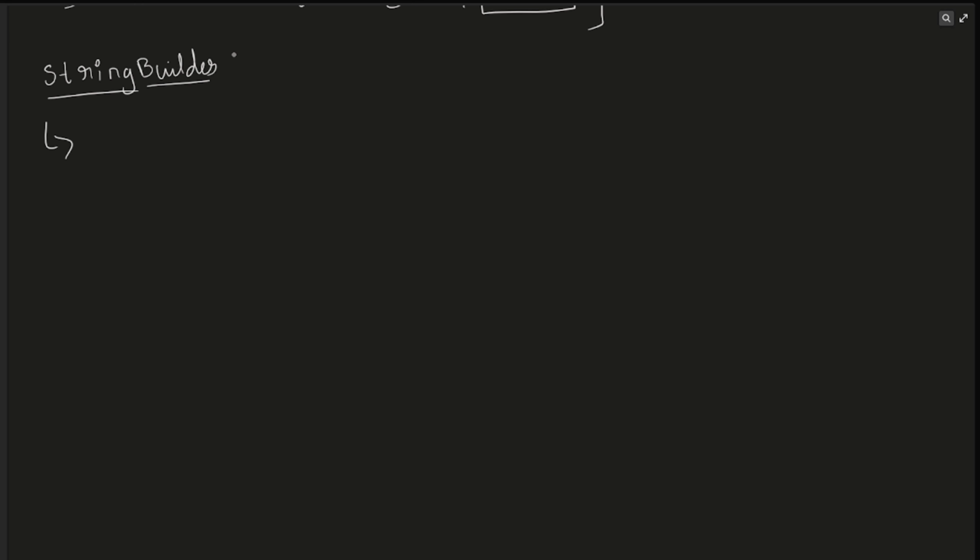Let us write the same code using StringBuilder now. I'll just declare a StringBuilder. Since this is a class, we need to create an object of it using the new keyword. New StringBuilder.